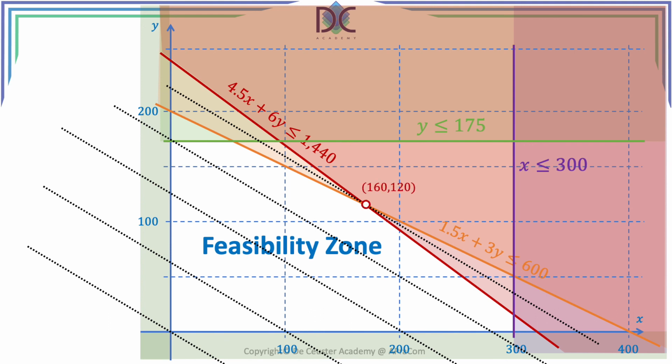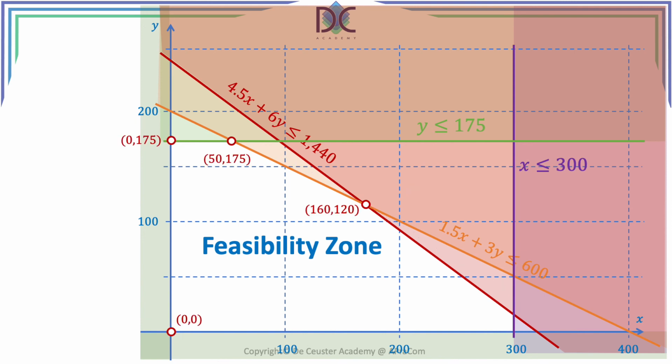The next thing we can do is going and we see the point here 160/120. When we calculate the intersection here, that's basically the solution. But we also have a different way of doing that. We can find all the different intersection points. Some have already been drawn before.